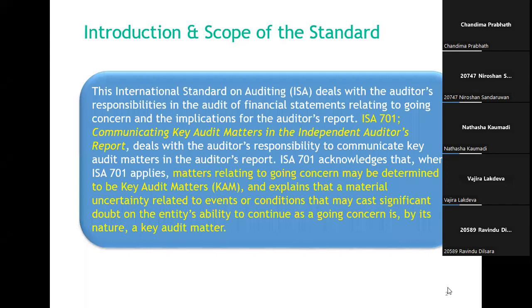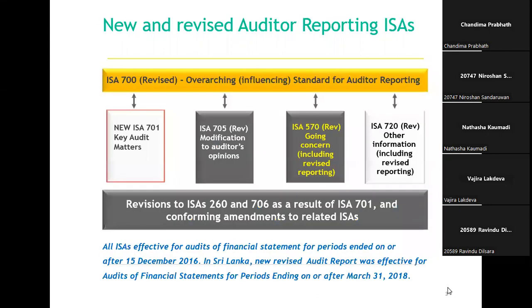ISA 701 acknowledges that when it applies, matters relating to going concern may be determined to be key audit matters, and explains that a material uncertainty related to events or conditions that may cause significant doubt on the entity's ability to continue as a going concern is by its nature a key audit matter. Keep that for the moment. Let's go to that new slide.